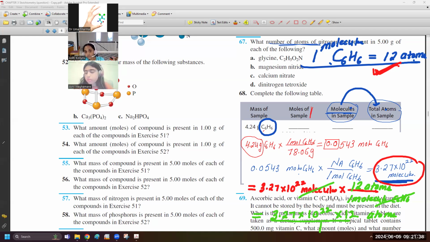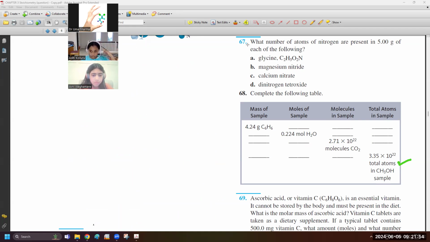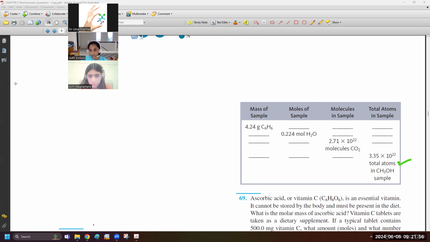Can we do another question based on the table? First, tell me the planning. I'm starting this question. Let me see who is my smart girl. What is given and what they want.